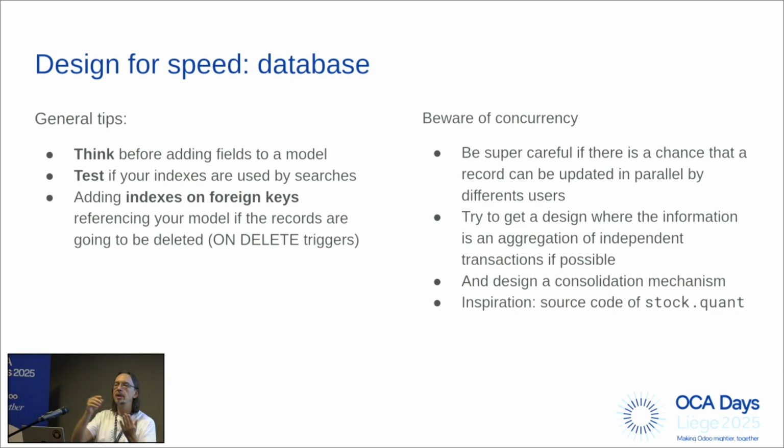I mentioned a product with a computed field triggered by changes on stock moves on that product. I've seen that not on products, on reordering rules, but it's the same. This will trigger concurrency issues and retries and slowdown and pain and complaints. So try a different approach for that.